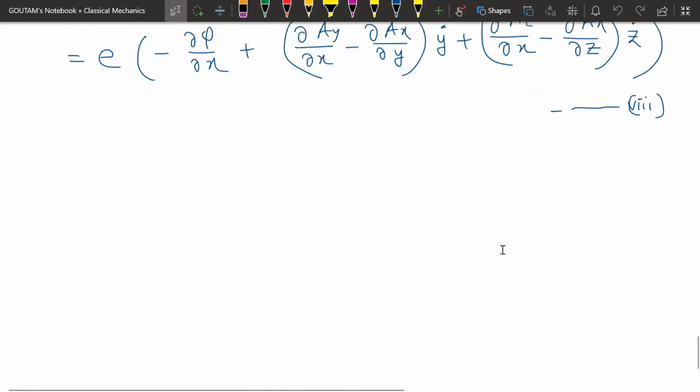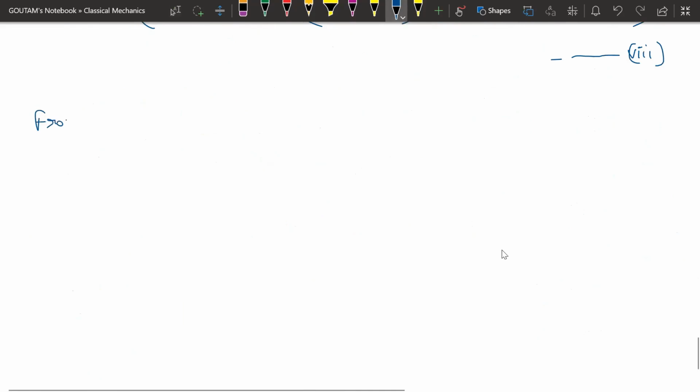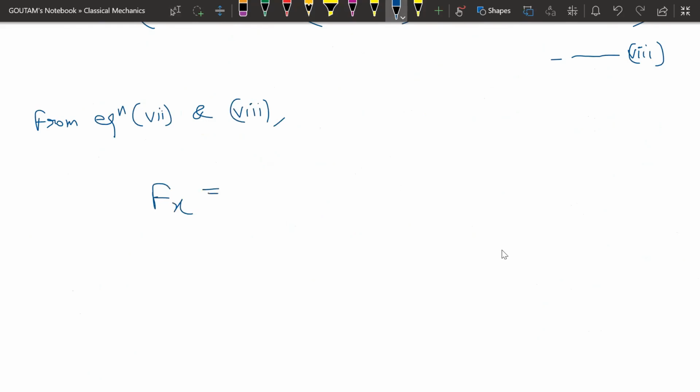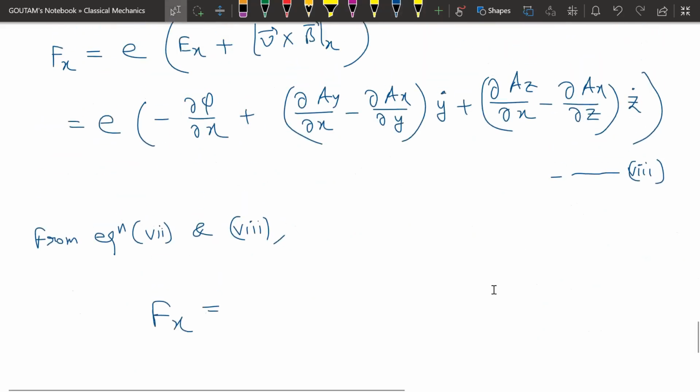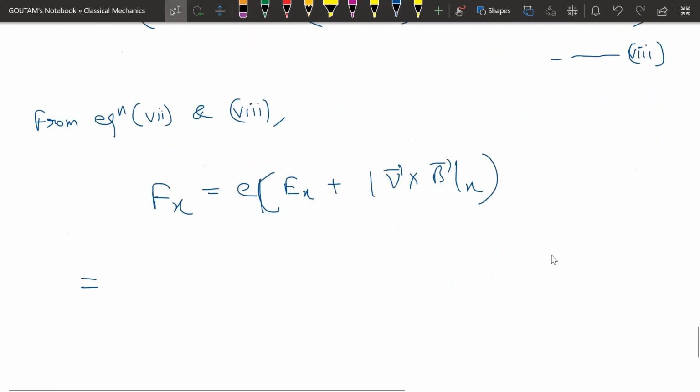So from equation 7 and equation 8, we get Fx is basically equal to Ex plus the x component of V cross B. So we can generalize that for all three coordinates, which will be F equal to E plus V cross B.